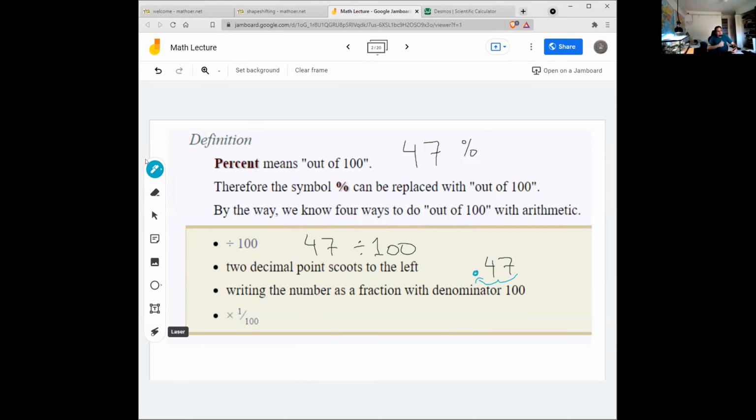Because we've seen earlier in class that divided by 100 is the same as 2 decimal point scoots to the left. So again, I took the percent symbol and I replaced it by something else that means the same thing. I could take 47 and write it as a fraction with the denominator over 100. That also means 47 out of 100. Or I could take 47 and write it as 47 times 1 over 100. That's another way to do out of 100, because that's the same thing as that, right?